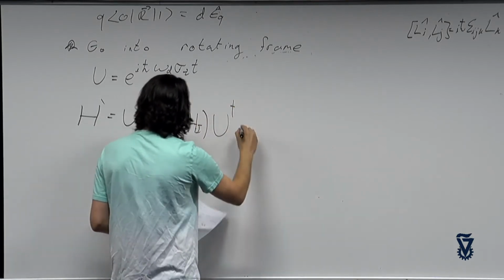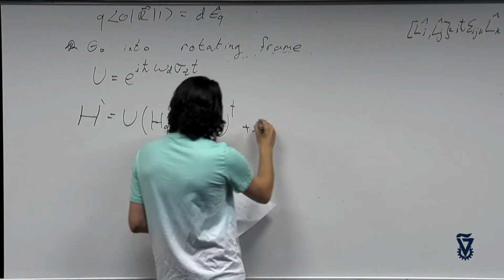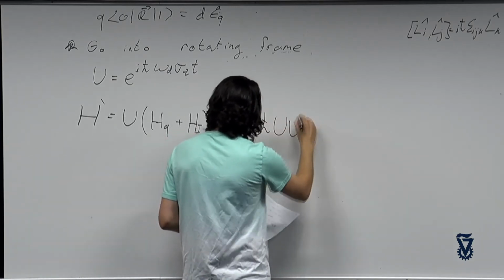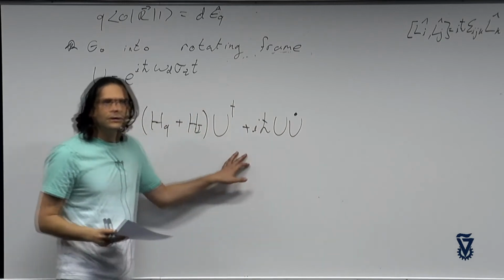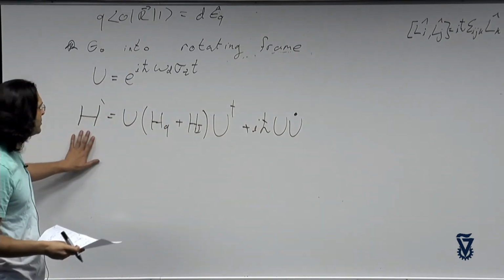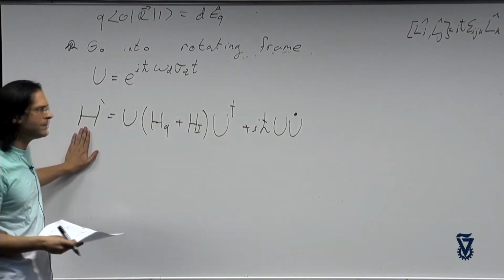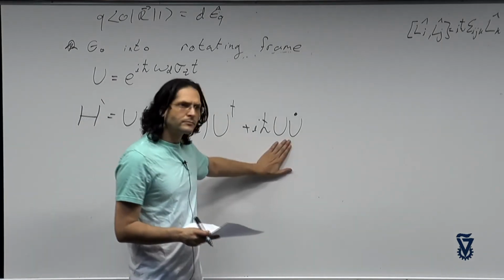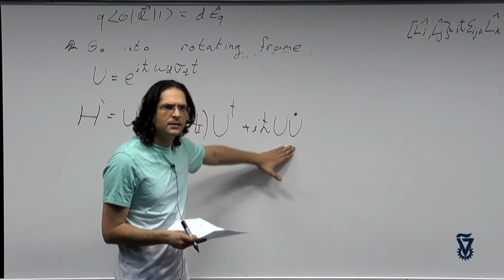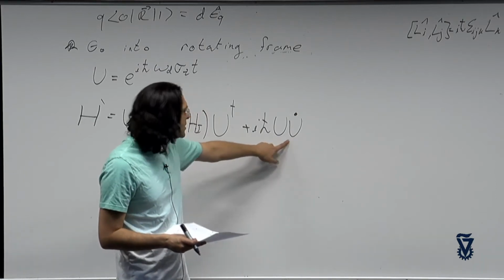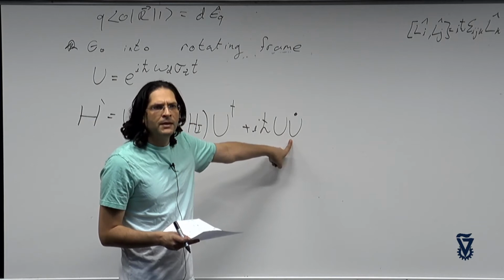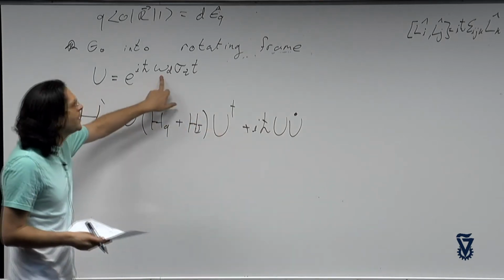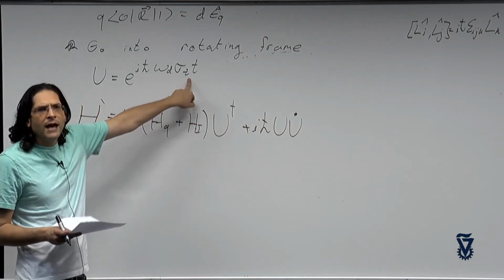Then we're going to have U dagger plus I h bar U dot. Those who don't remember, this is how you transform a Hamiltonian. If you have a Hamiltonian in the new frame, it's just going to be U dagger H U plus the explicit time dependence. A lot of the time this drops because U is time independent. But in our case, we're going to the rotating frame and we have a time dependence in U.